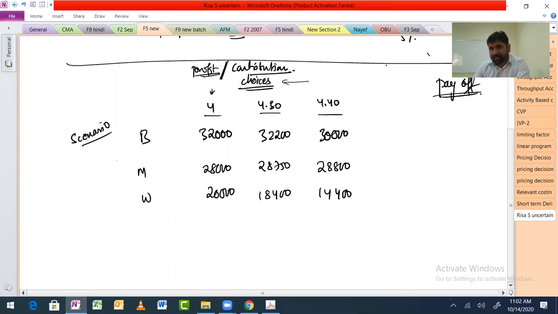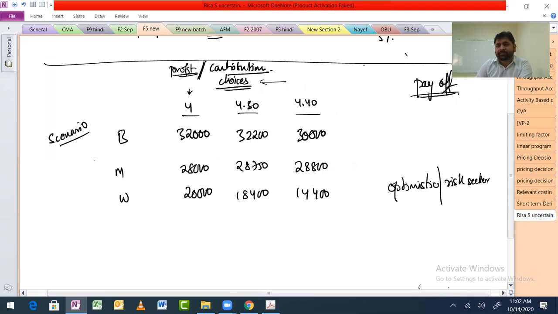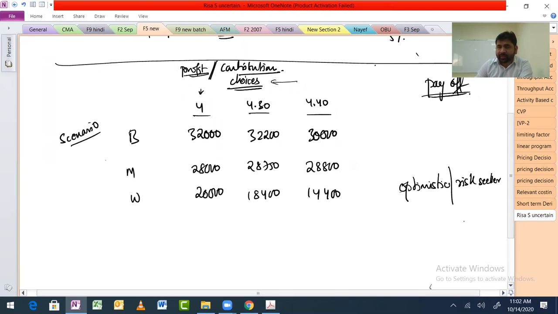So anyways, personality traits, as I said. Now see, if we are talking about a person like you, an optimistic person, that means he will be a risk seeker, right? He's not afraid of risk. Fine. So in this case, he will apply a formula called maxi-max.